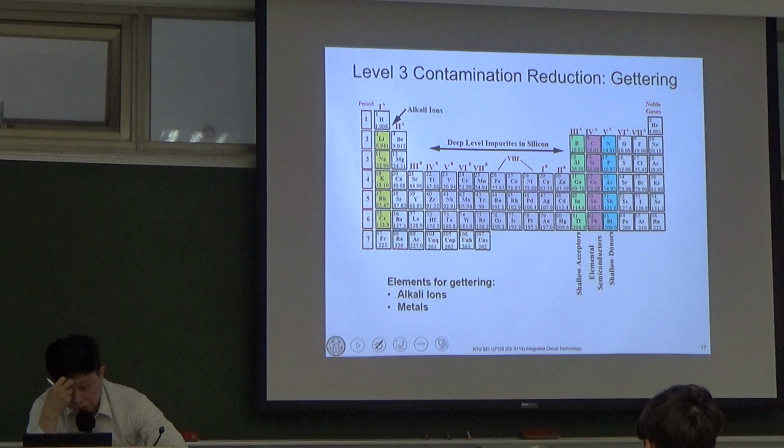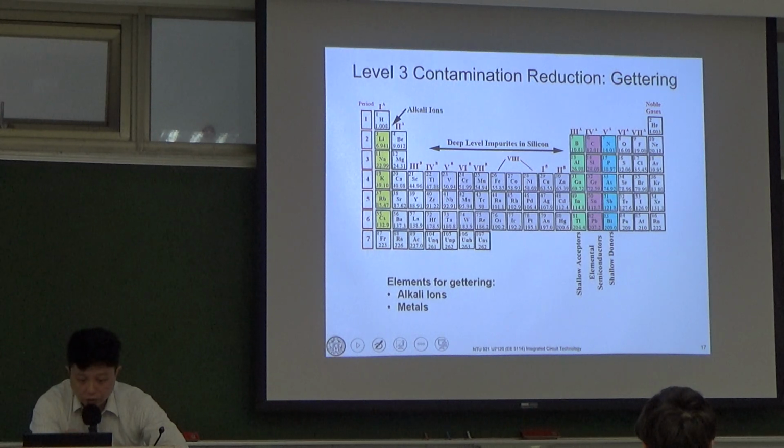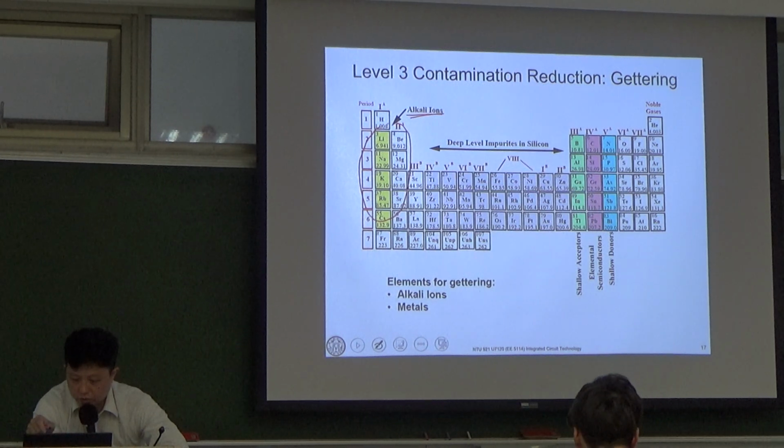Okay, so this is the one that we try to use to remove these impurities or prevent them from contaminating our transistors. Okay, and here are some deep level impurities we also try to avoid in the silicon. And here are the shallow acceptors or donors in the silicon.